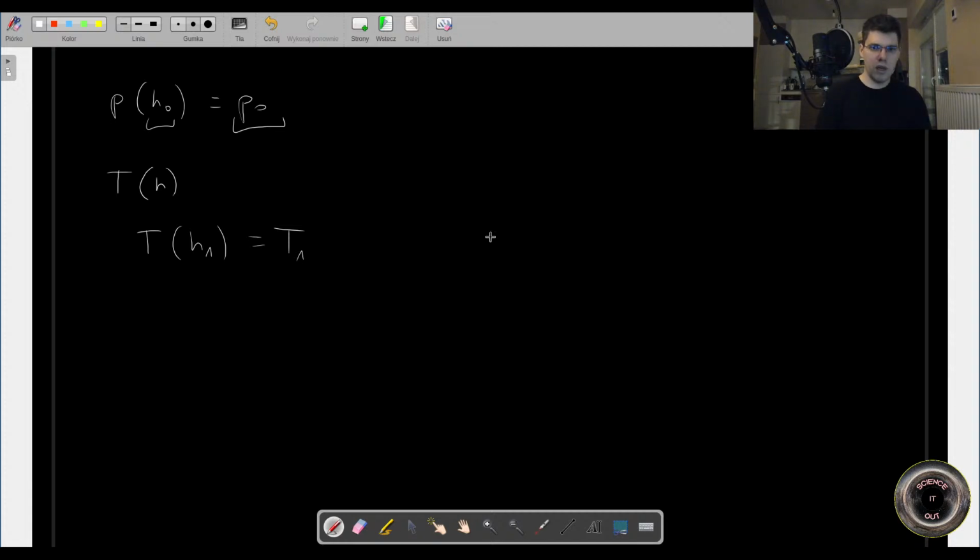So basically, if this is altitude and this is temperature, you would start at some point and then you would define gradient. So we would, for example, define that temperature was growing with altitude at this point, and then you would define that at some altitude this gradient switches to some different gradient, and at some altitude it switches to yet a different gradient, and so on. So you could compose the dependence of temperature on altitude from such linear functions. So it would be like a piecewise linear function, right?